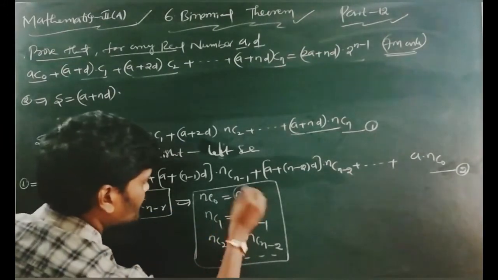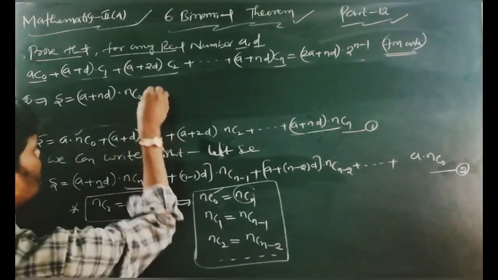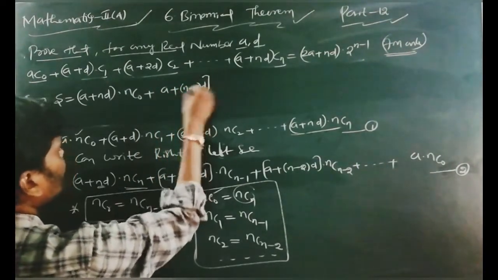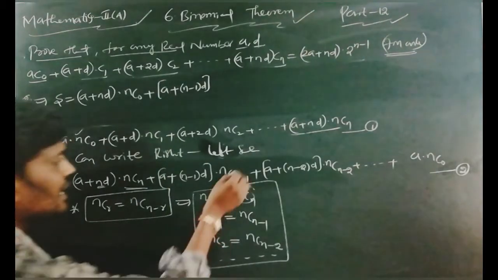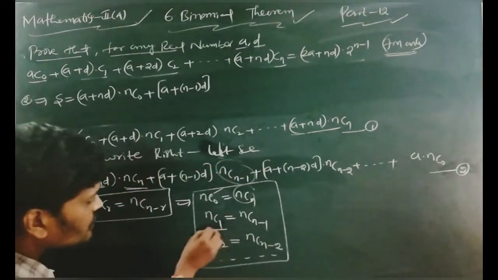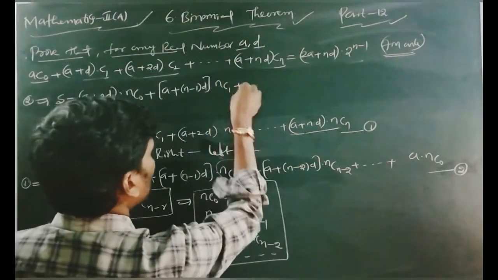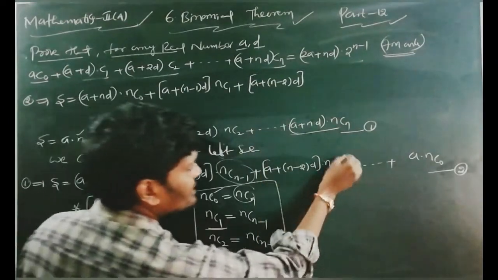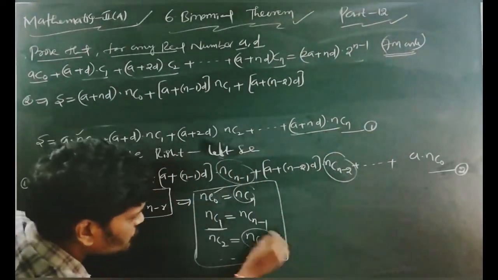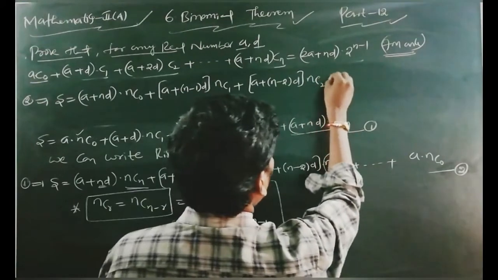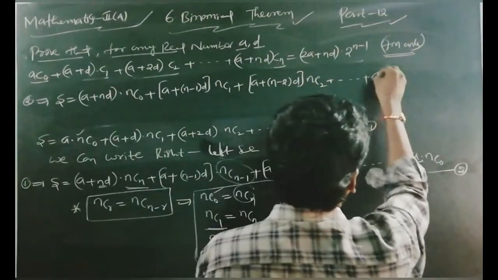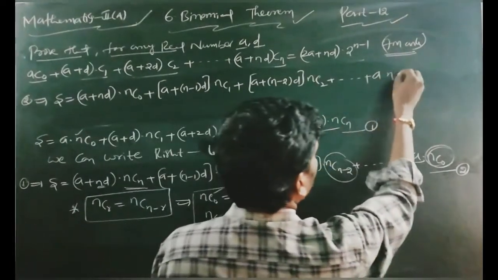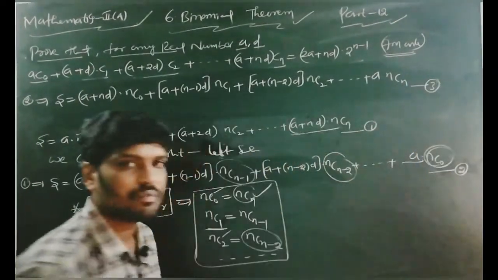You can write nC0 in place of nCn, plus (a+(n-1)d)·nC(n-1), where nC(n-1) is nothing but nC1, plus (a+(n-2)d)·nC(n-2), where nC(n-2) is nC2, plus and so on, a·nC0. In place of nC0 you can write nCn. This is equation number 3. Understood or not?